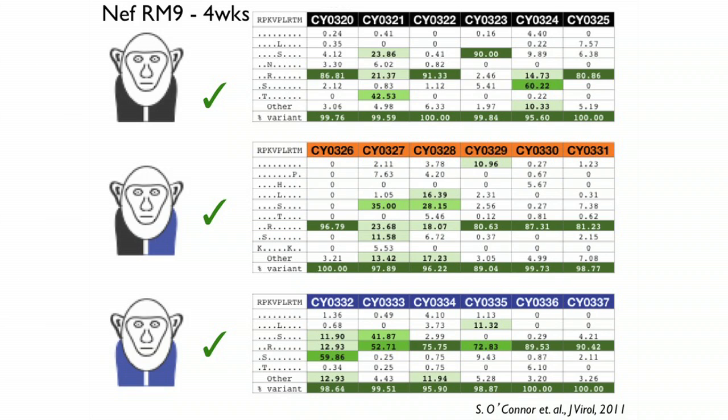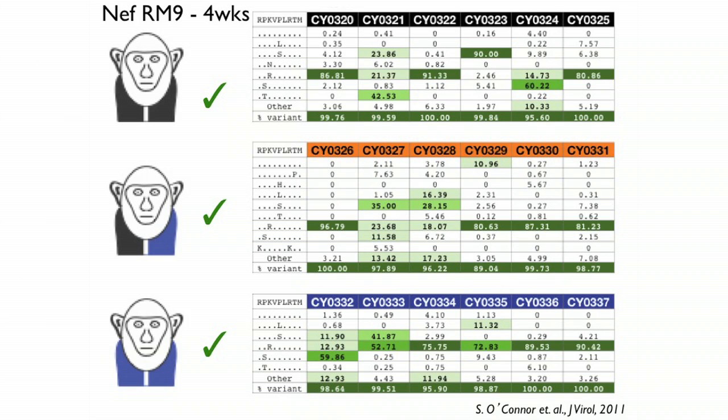And again, just to remind you, all 18 animals will make a T cell response against NEF RM9. And then we sequence the virus at 4 weeks after infection. And we look at the frequency of wild-type sequences and the frequency of variant sequences. So on the upper left, this is the wild-type epitope sequence. The dots represent identity to the wild-type, and the different capital letters represent variants relative to the wild-type sequence.